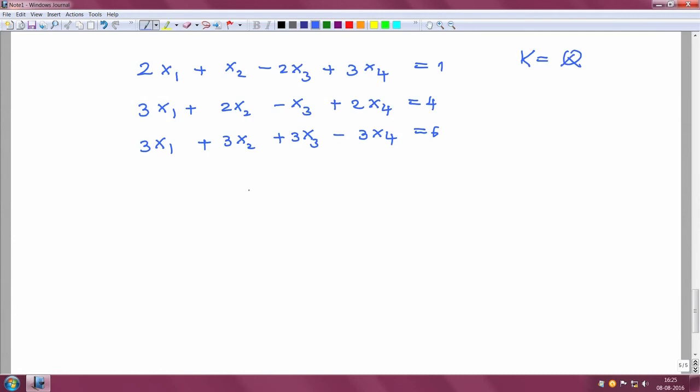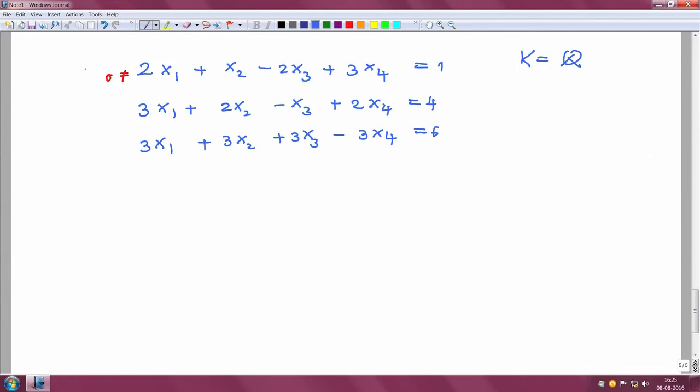Obviously this element itself is non-zero, so I will use that. I will take this non-zero element and use it to kill these entries. To kill this, I have to multiply the first equation by half and by 3.